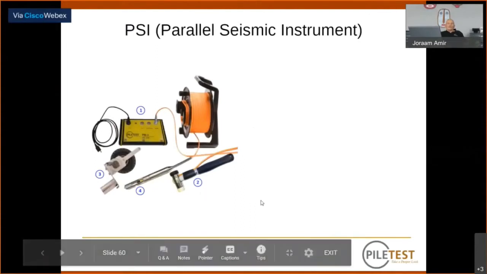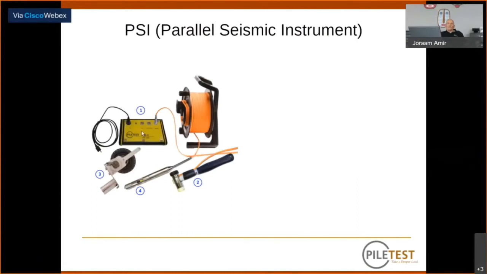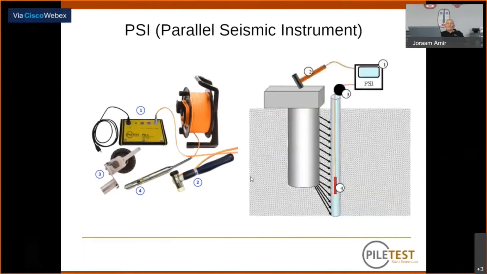Here is our PSI system. We have a hammer with an impact switch connected to the instrument. Here is a hydrophone, the automatic depth meter, and all the electronics are inside the cable reel. Here is how it's operated. You hit with the hammer on the superstructure. Even if you don't see the pile, you hit any point of the superstructure. The waves go down inside the foundation or inside the pile.